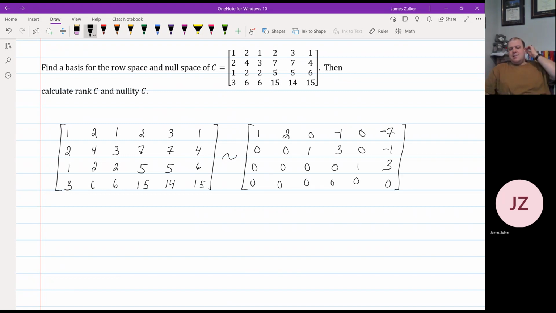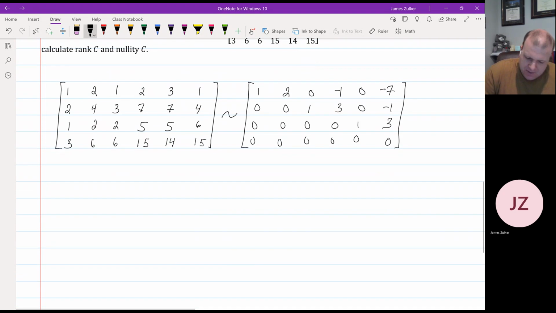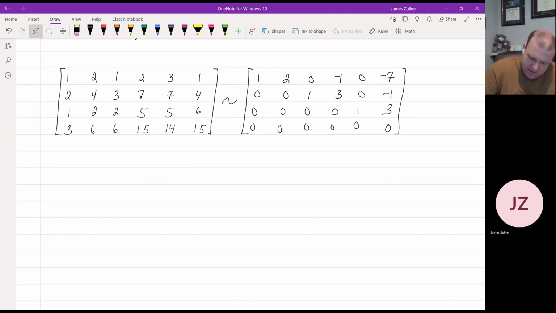So again, the non-zero rows of this matrix are a basis for the row space.